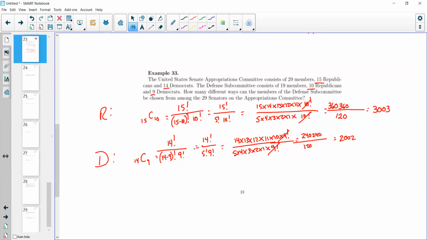So I have two lists. I have this list of 3,003 possible committees for the Republicans. I have a list of 2,002 possible committees for the Democrats. So how many total possible committees do I have? I remember when we had 3 appetizers and 5 main courses. What did we do to figure out how many possible meals?